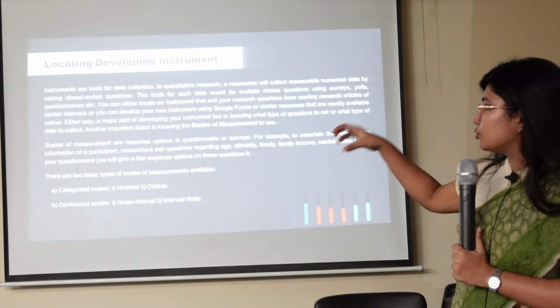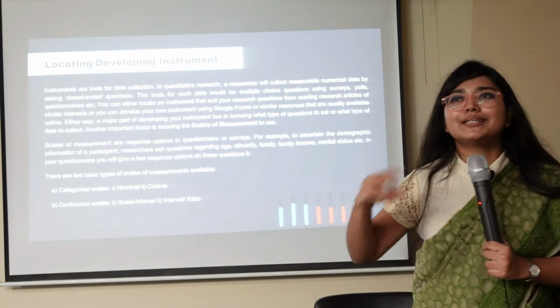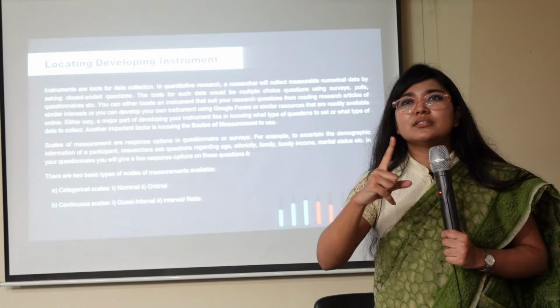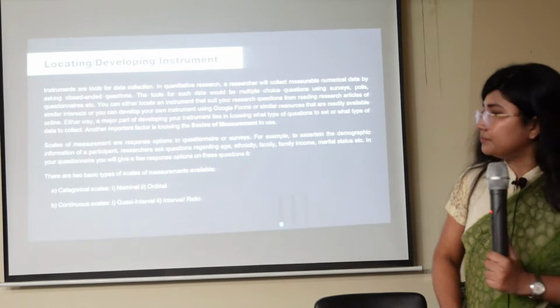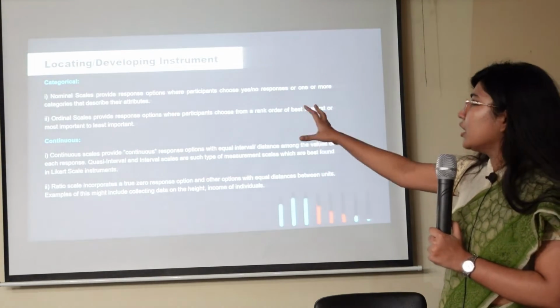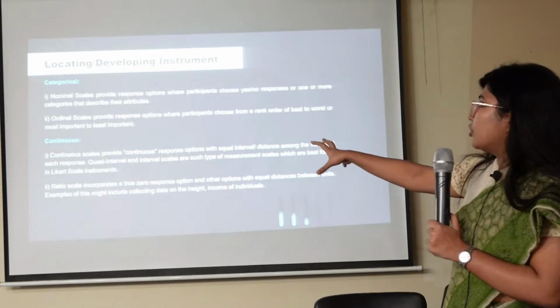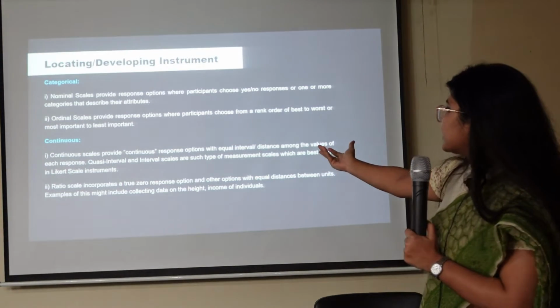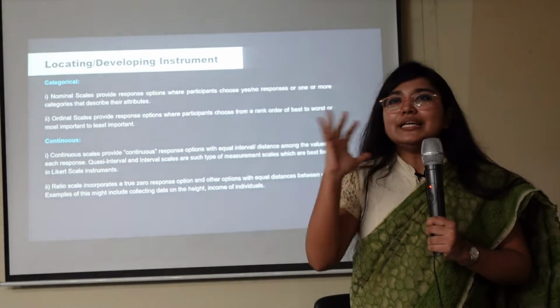I will not go into the nitty-gritties of these, but keep in mind, how many? Mainly two, categorical and continuous. Categorical are again two types, nominal and ordinal. Continuous are two types, quasi-interval and ratio scale. So these are the types.